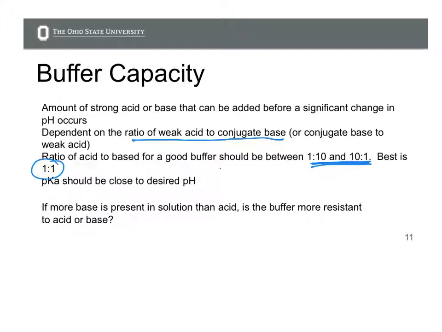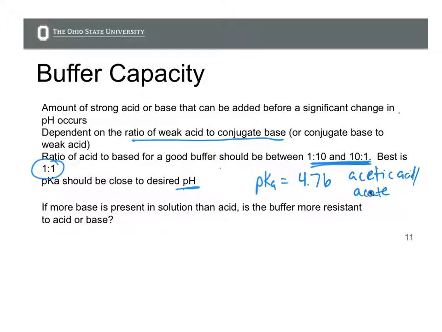And when we make a buffer, the pKa for that particular acid or base should be close to the desired pH. Your book's going to talk to you a little bit about those types of things. For instance, because I see this acid all the time, the pKa for acetic acid acetate is 4.76.